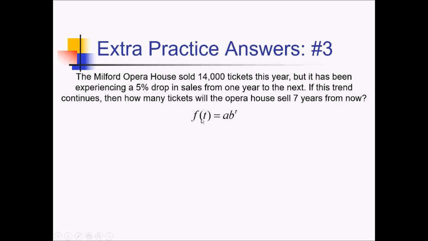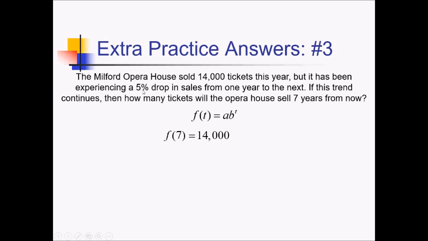So in terms of plugging things in here, for the t value, the input, we've got the 7 years, because we want to know what the sales are going to be 7 years from now. So f of 7 is what we're looking for. A value, that's the initial amount. That's going to be the 14,000 tickets. For the B value, this is what we're multiplying by every year.